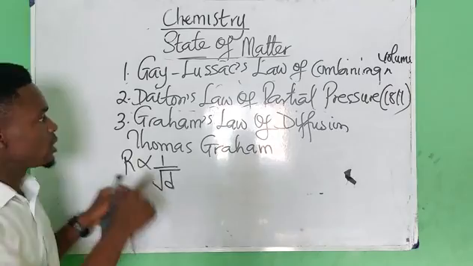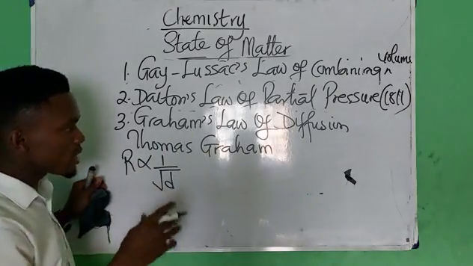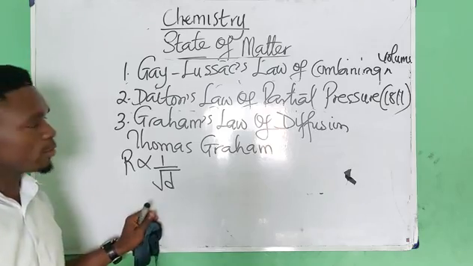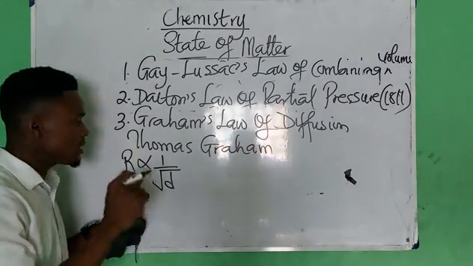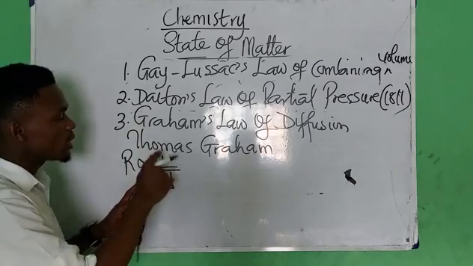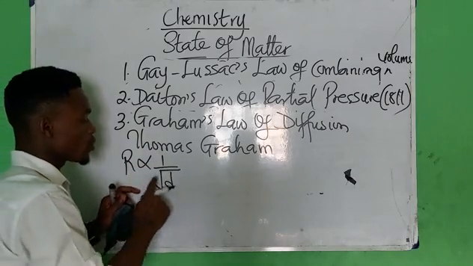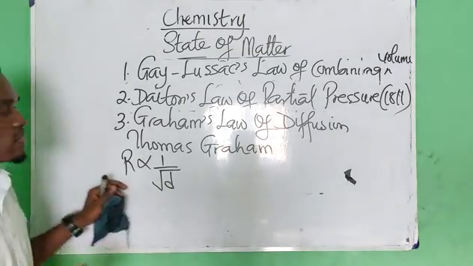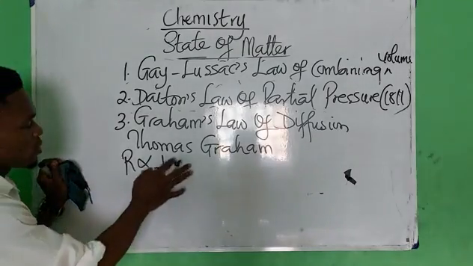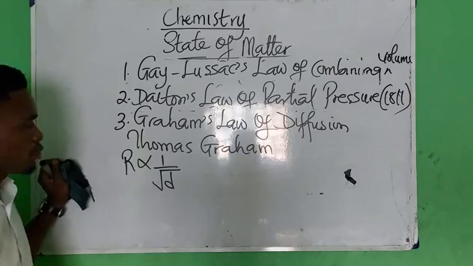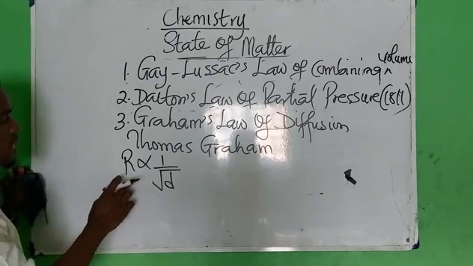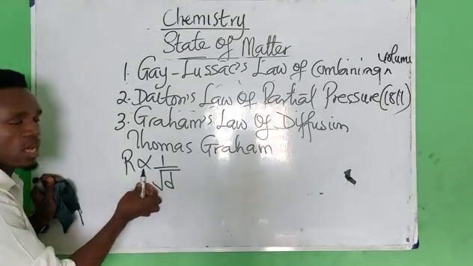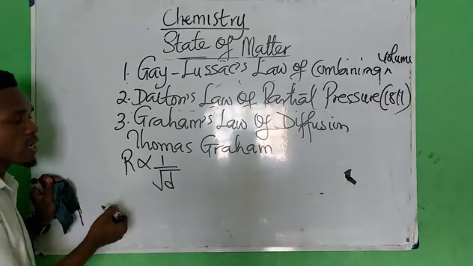I'll take it again. Graham's law of diffusion states that the rate of diffusion of gases at constant temperature and pressure is inversely proportional to the square root of the density, or vapor density, as the case may be. This is Graham's law of diffusion. If I want to eliminate the proportionality sign, I will introduce a constant k.